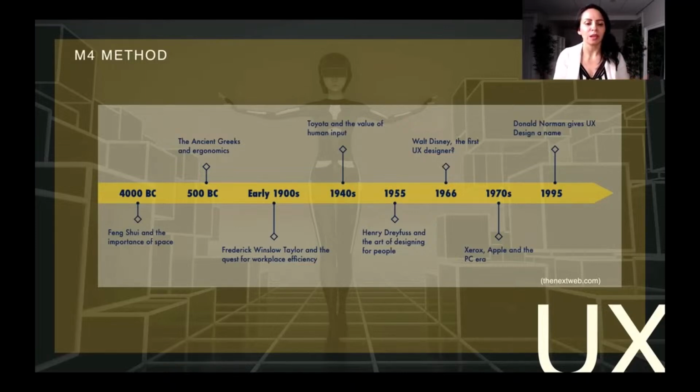And then Toyota, which also has a background from Japan, comes with the value of human input, where we come from all of these labor considerations with work, but now we analyze more the human aspect in this analysis of efficiencies and optimizations.